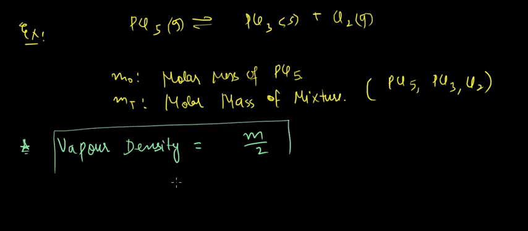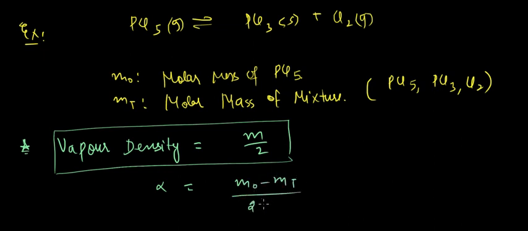This is the term which we use for vapor density, and as we know, alpha is equal to (M0 minus MT) divided by (n minus 1) into MT, obviously where M0 is again the molar mass of reactant and MT is the molar mass of mixture.